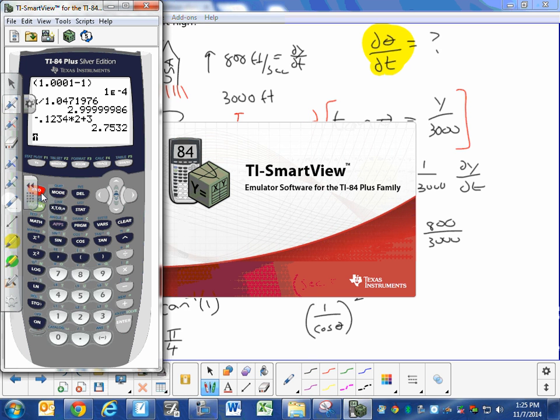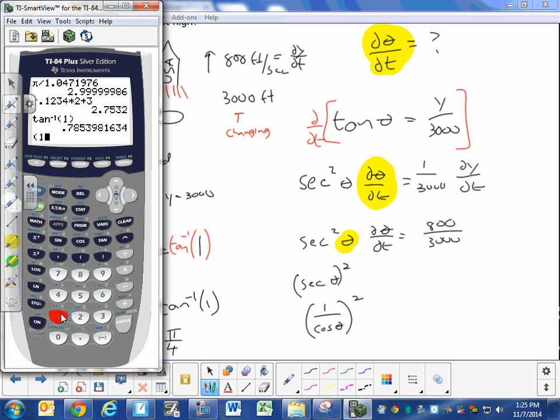So we did tan inverse of 1. We got this decimal, which is pi over 4. I'm going to go in parentheses 1 over the cosine of that value, second answer. You guys done that before? Yeah. All right, good. Squared. It's just 2, okay?